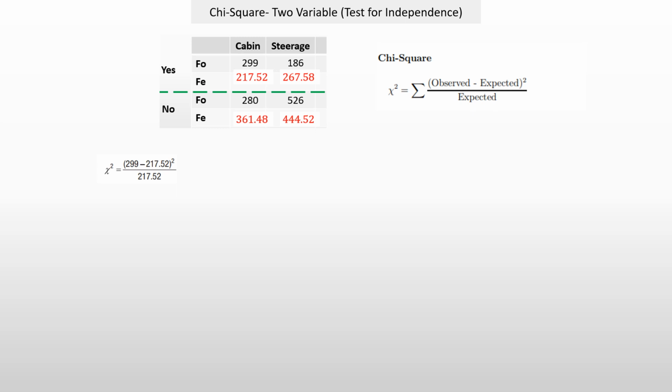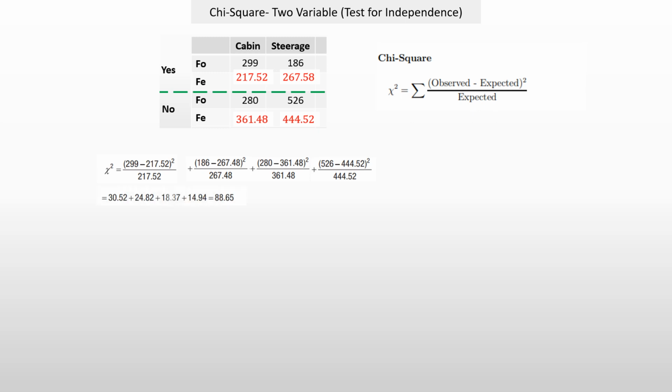We're just following the chi-square formula. That's the contribution for the cabin survivors. We do the contribution for the steerage survivors: 186 minus 267.48 squared divided by 267.48. We get some value. We add that to the cabin non-survivors, which is 280 minus 361.48 squared divided by 361.48. And then we do the same for the last one.